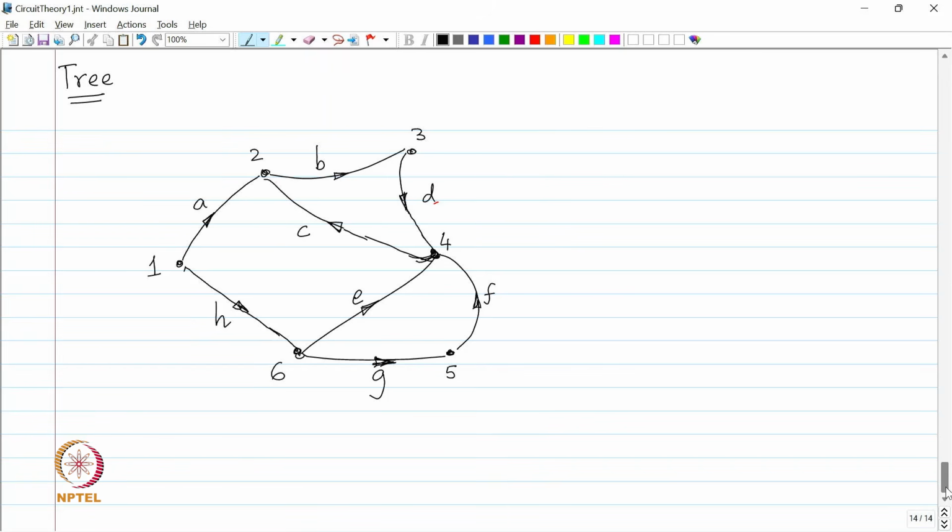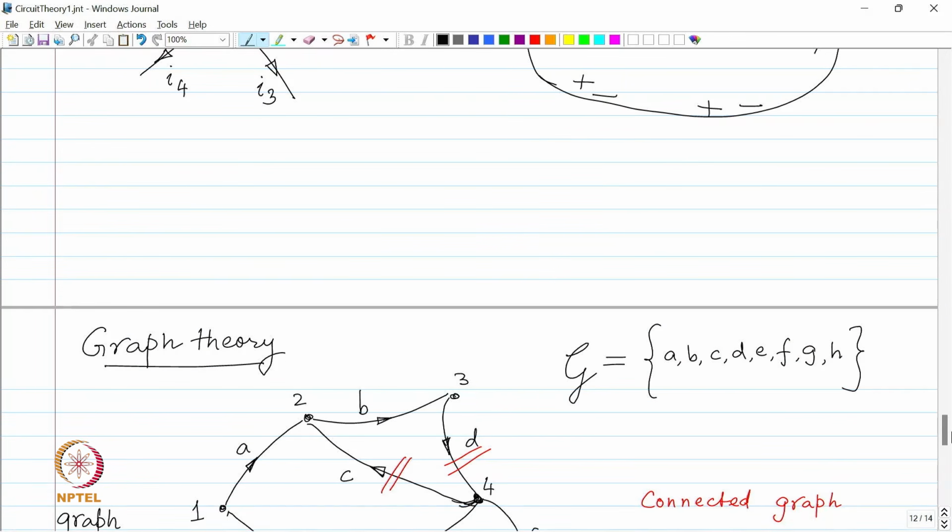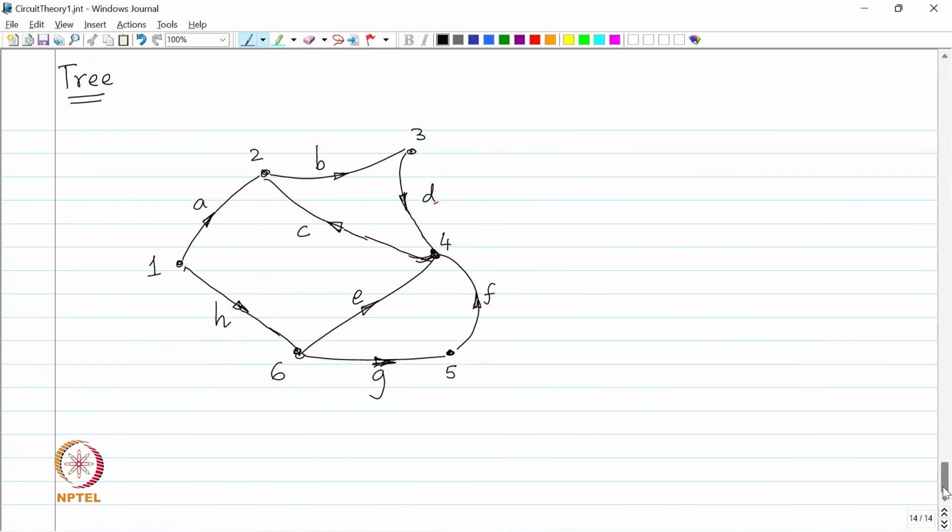The tree is first of all going to be a subset of the graph. What was G? G was this set A, B, C, D, E, F, G, H. The tree is some subset.